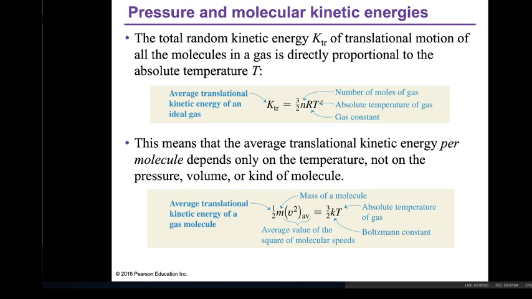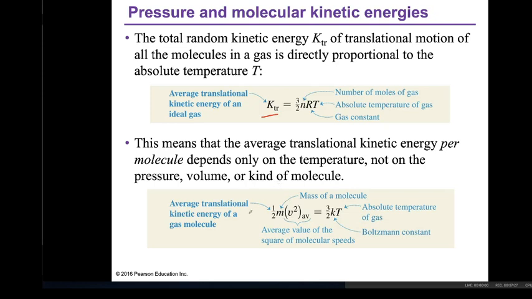So when T is getting higher, your average translational kinetic energy is getting higher. This means the average translational kinetic energy per molecule depends only on the temperature. See, there's only temperature. It does not depend on pressure, volume, or the kind of molecule.